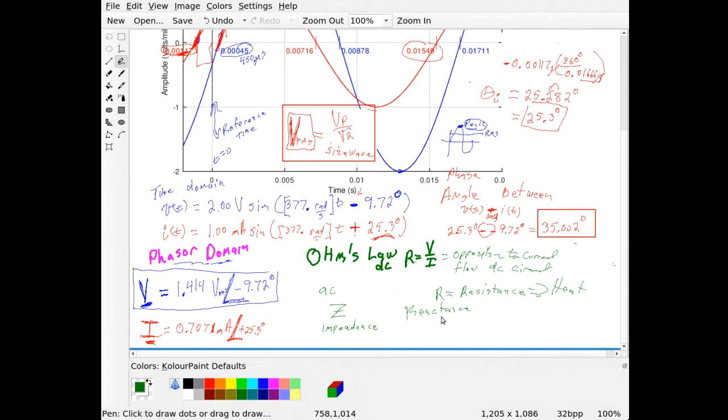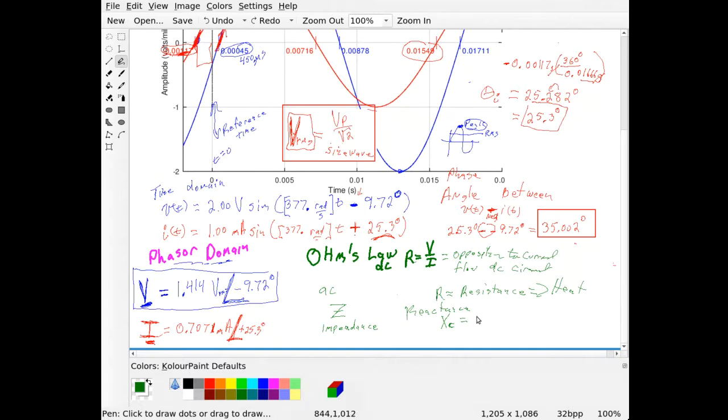We use the symbol X for reactance, and a lot of times we'll put X of C for capacitive reactance. Capacitive reactance opposes current flow, but it doesn't cause heat.